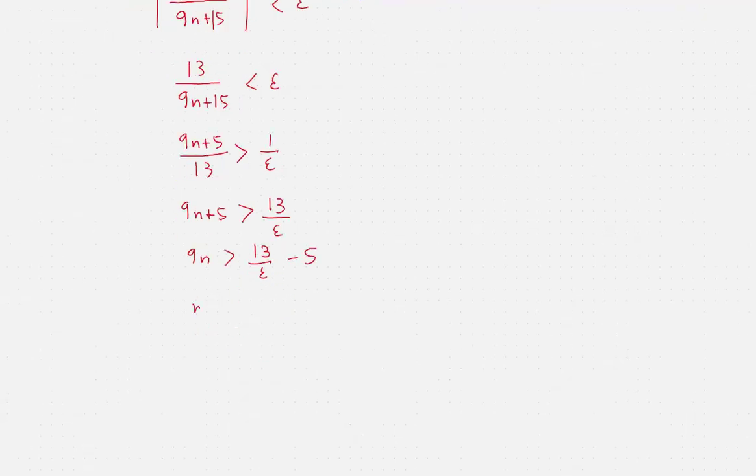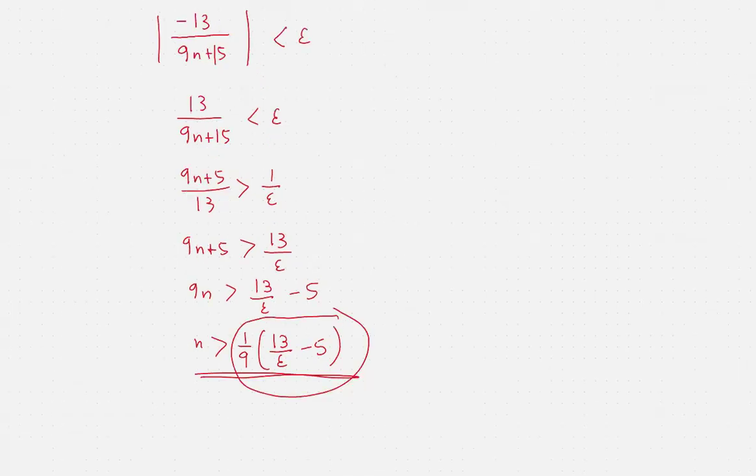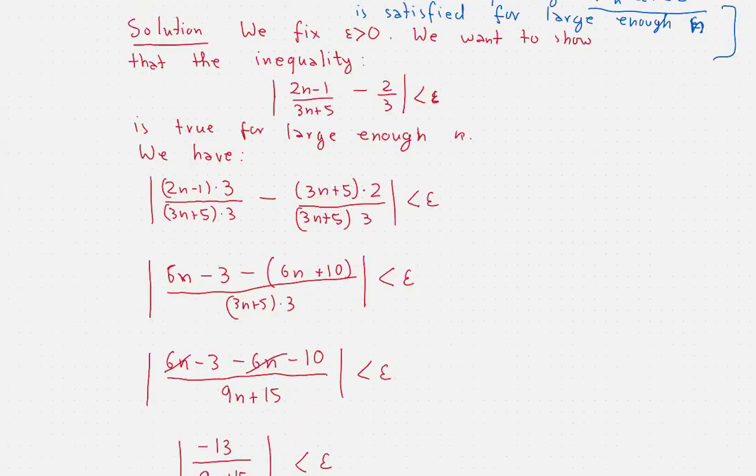And what this tells us is that as long as n is larger than this quantity right here, the initial inequality will be true, meaning the outputs of the sequence are going to be very, very close to the alleged limit, which is 2/3.